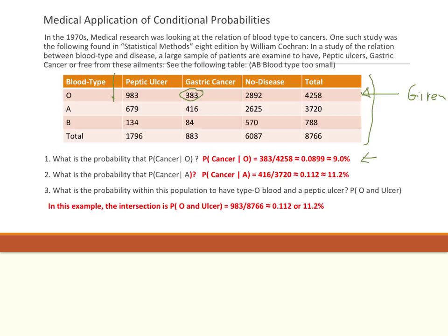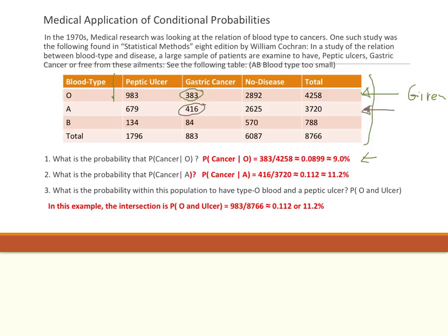We look at the A category, A blood types, and we ask the same question. What is the probability that you have gastric cancer, given that you have A blood type? And again, we now look at what's given. Given is blood type A, and then we go in and we look at the gastric cancer.